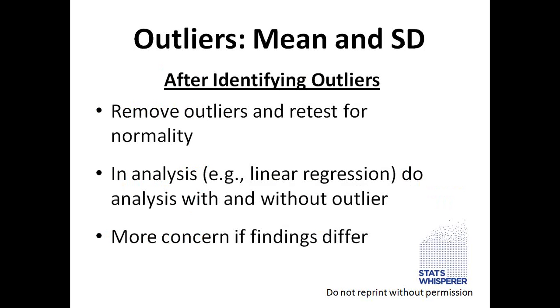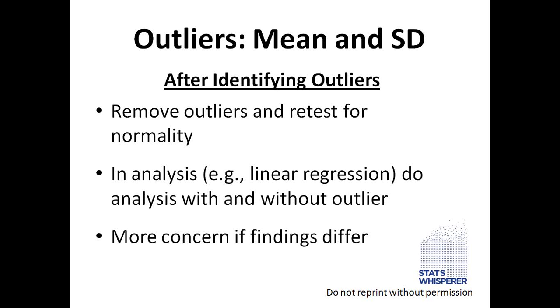So now what we want to do is remove those outliers and then retest for normality. In linear regression, I like to do the analysis with and without the outlier. I like to leave them in if at all possible. So if I remove them and it's a normal distribution, I'll do the regression without the outliers and with the outliers.